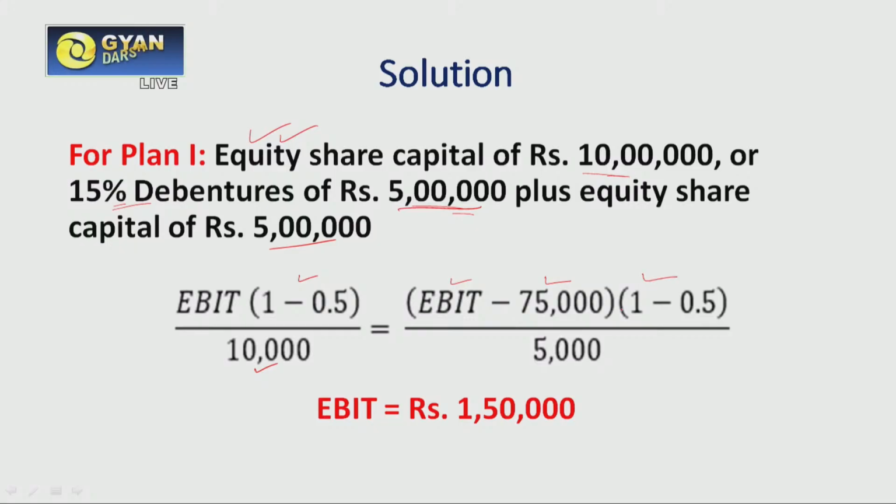Again we have to reduce the tax amount from this and divide by 5,000, which is the number of equity shares in case 2. We just need to do the calculation so that our missing variable, which is EBIT, can be calculated, and by solving this equation we get the value of EBIT as 1,50,000 here.